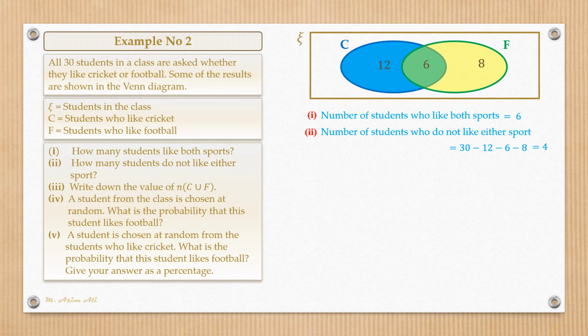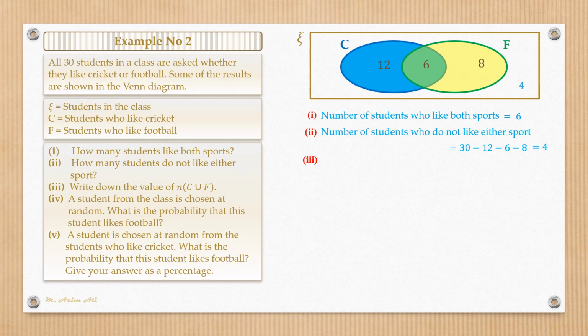This is 4, and they are not inside any set, they will stay outside of both sets. So let us add this number 4 to the Venn diagram. It should come outside of both set C and F.